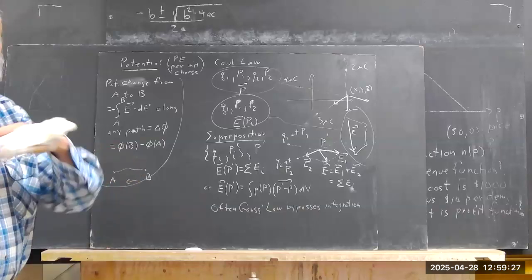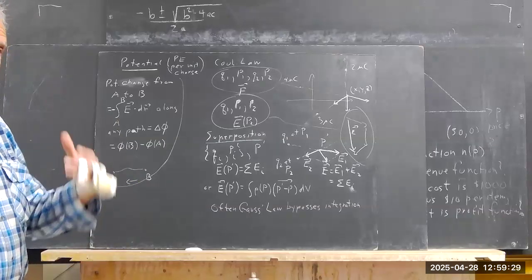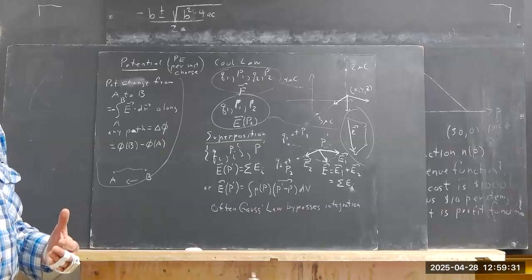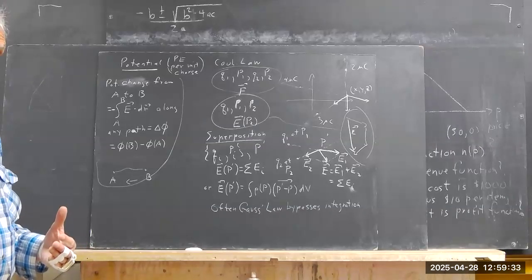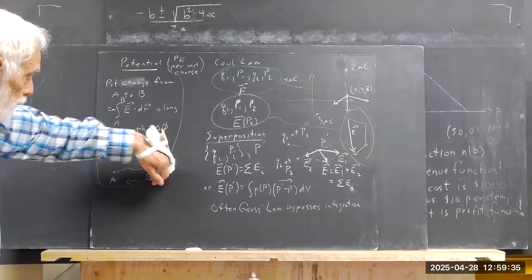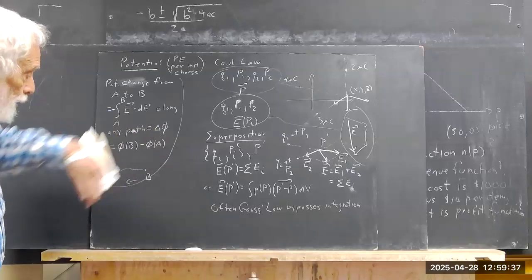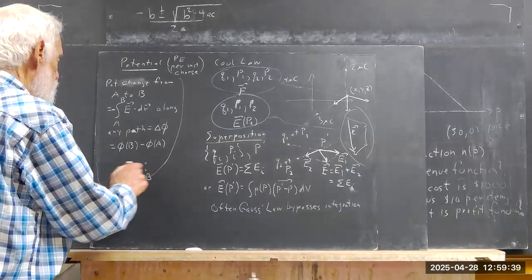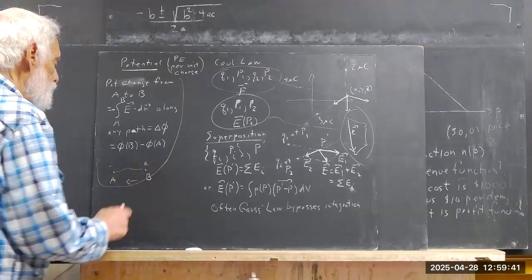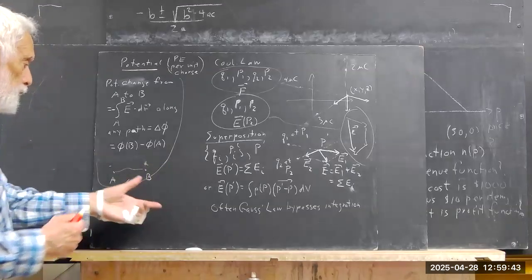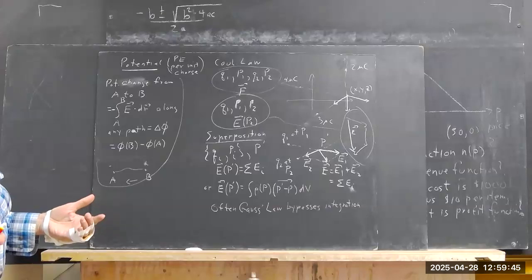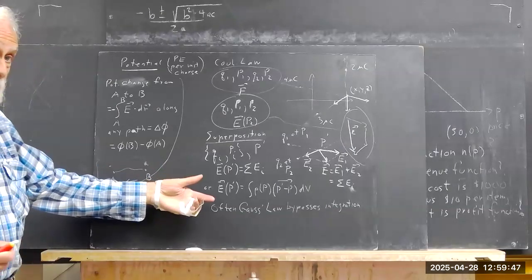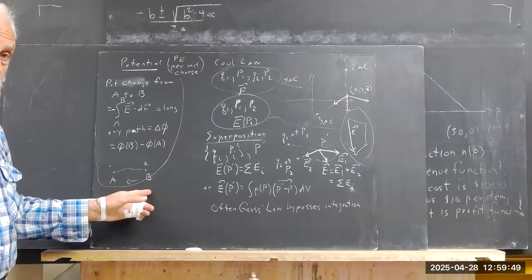Well, the definition is equal and opposite to the work done by the field. If you move from here to here, assuming this is positive and this is negative for the moment, then the field is in this direction, and it's doing negative work. You're having to do positive work, so this is at higher potential.